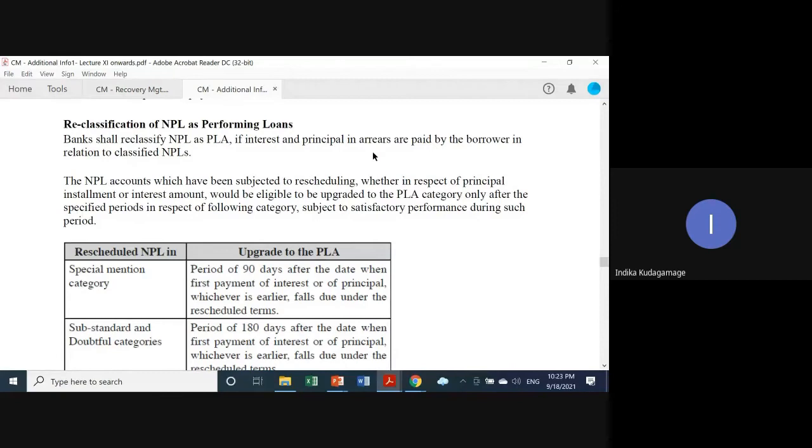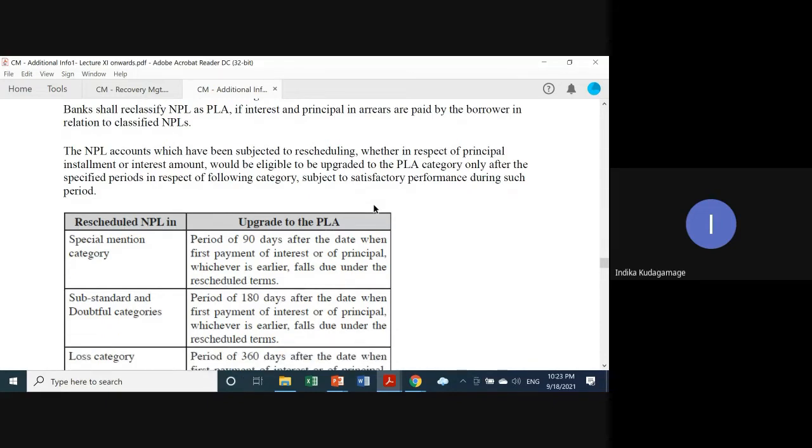When the customer goes bad, that means to NPL, and you do a reschedule, then you have to watch the customer. You can't immediately take that customer into the performing category. You have to watch based on this table, right?